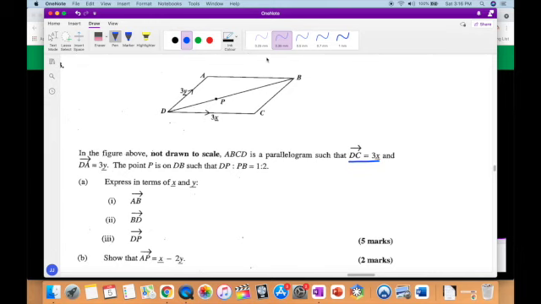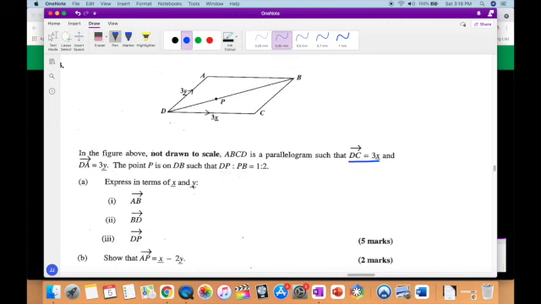So I'm just making sense of it: I have 3 DPs, 1, 2, 3, right? Because DP is the ratio 1 and PB is a ratio 2. So for every 1 DP, I have 2. Well, yeah, you guys get what I say.